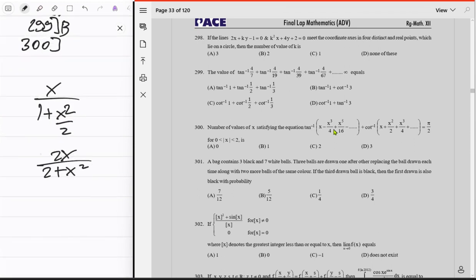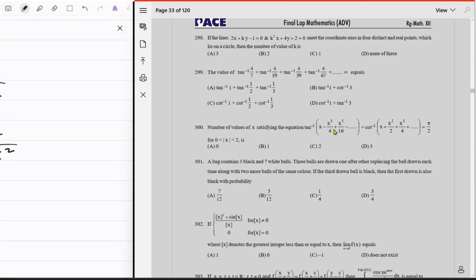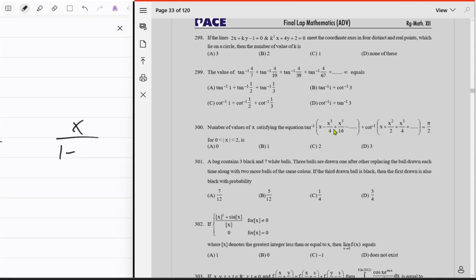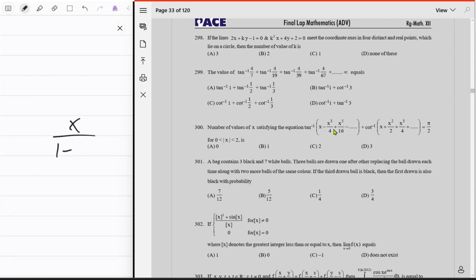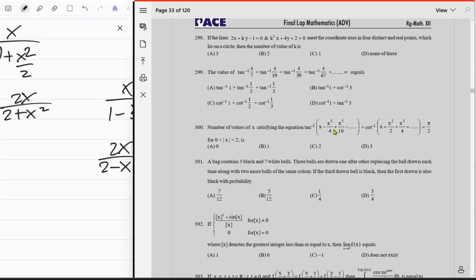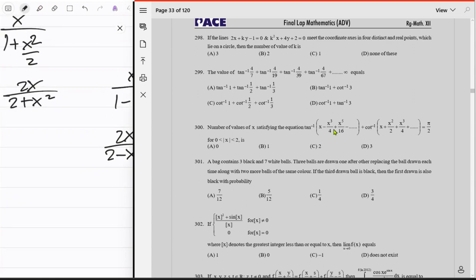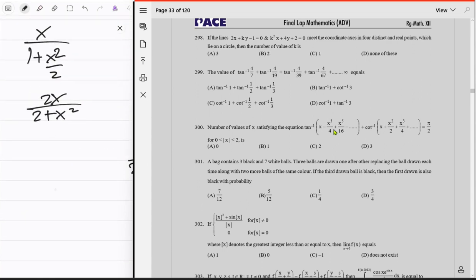Okay, tan inverse of this guy, and then फिर cot inverse of that है. What is that? X plus x square upon 2 चलते जाओ, a upon 1 minus r, r कितना, just x upon 2.